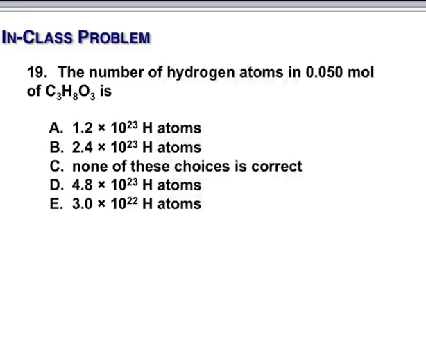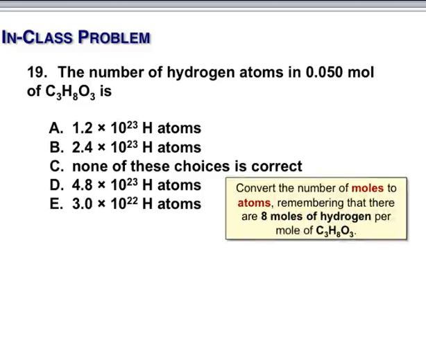All right, the number of hydrogen atoms in 0.05 moles of this stuff is what? We know that in every mole of this stuff we have 8 hydrogens, correct? So our mole ratio is going to be 8 to 1. We know that every mole is going to have 6.02 times 10 to the 23rd things, and we have 0.05 moles. Convert the number of moles to atoms. That's 0.05 moles times 6.02 times 10 to the 23rd.